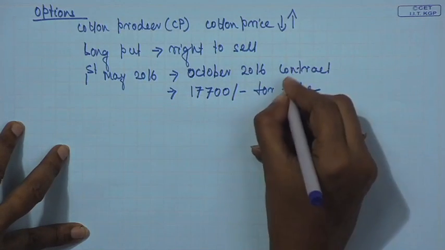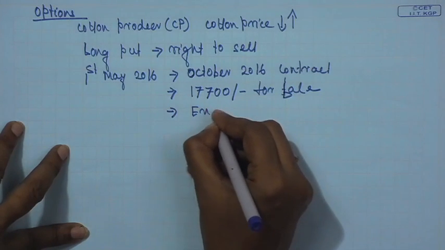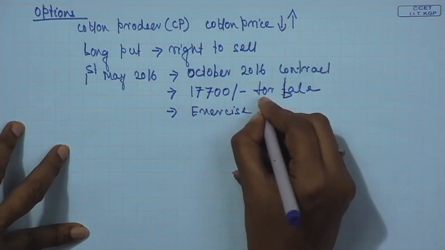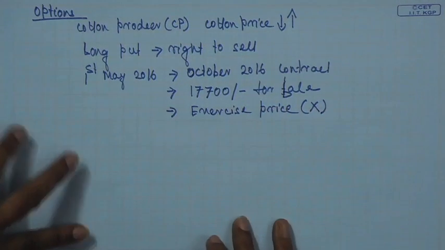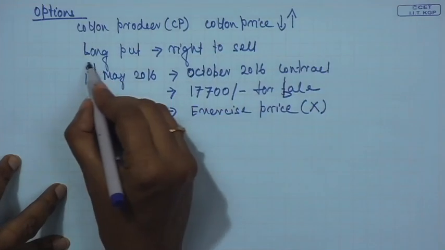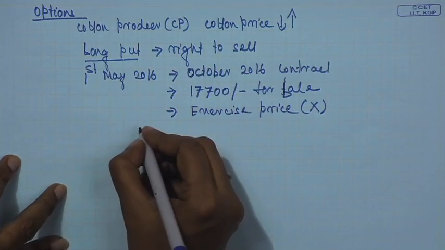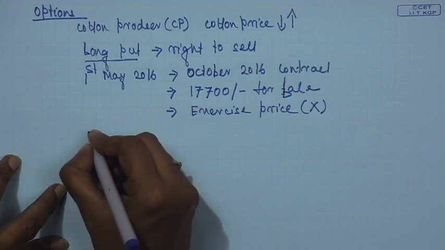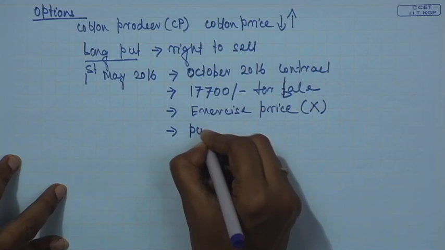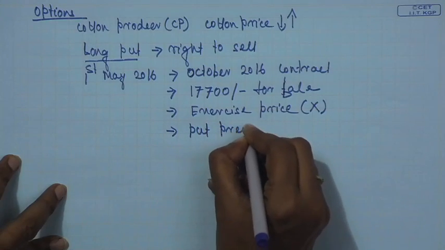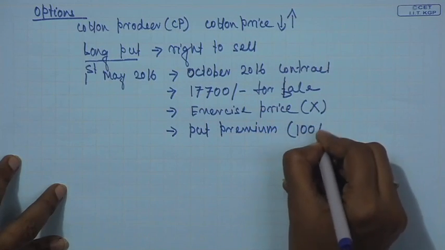This is going to be our exercise price, we term it as X. Now when the cotton producer is taking a long put option, somebody has to take a short put, and the cotton producer has to pay a premium. So he has to pay a put premium. Let's say the put premium is rupees 100.